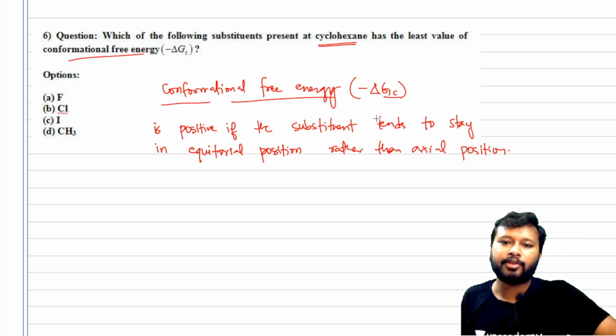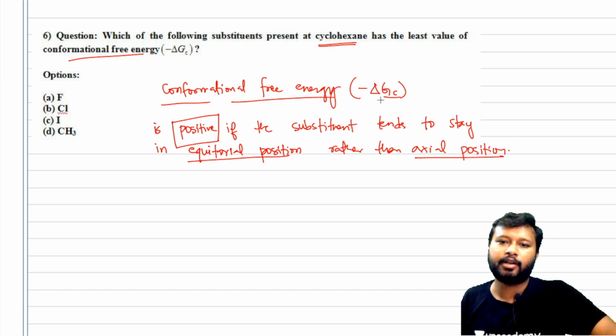If the substituent prefers to stay in the equatorial position rather than the axial position, in that case you have a positive delta GC.